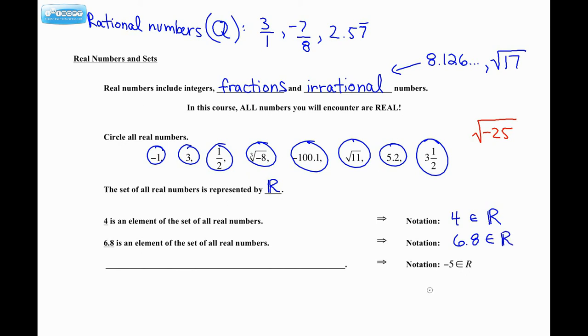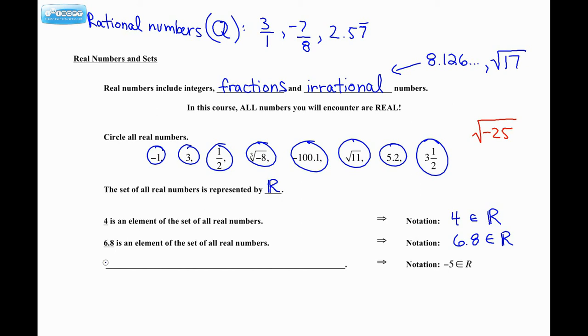All right. And now let's just go the other way. We have -5 is an element of the set of real numbers. Okay. Well, all I did was I wrote 3 little symbols here, and it says basically all this stuff. Okay. So I'm making you translate it back into English so you can appreciate how handy it is to use symbols. All right.